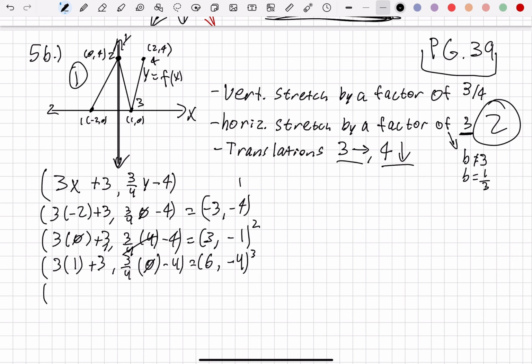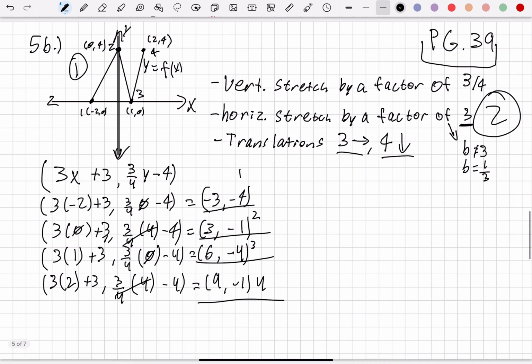And then finally we have 2 and 4. So it's going to be 3 times 2 plus 3, and then 3 over 4 times 4 minus 4. And this now turns into, so that'll be 9, and then that'll be negative 1. So this is now our fourth point.